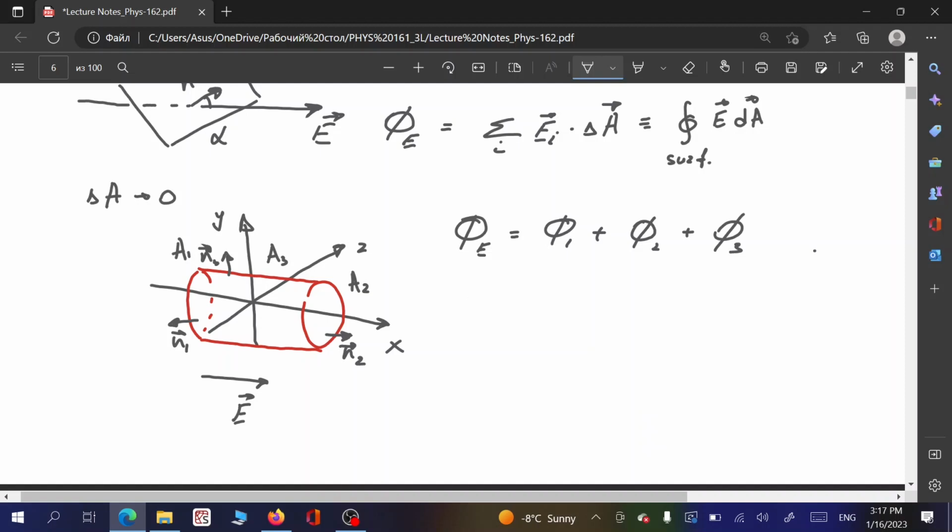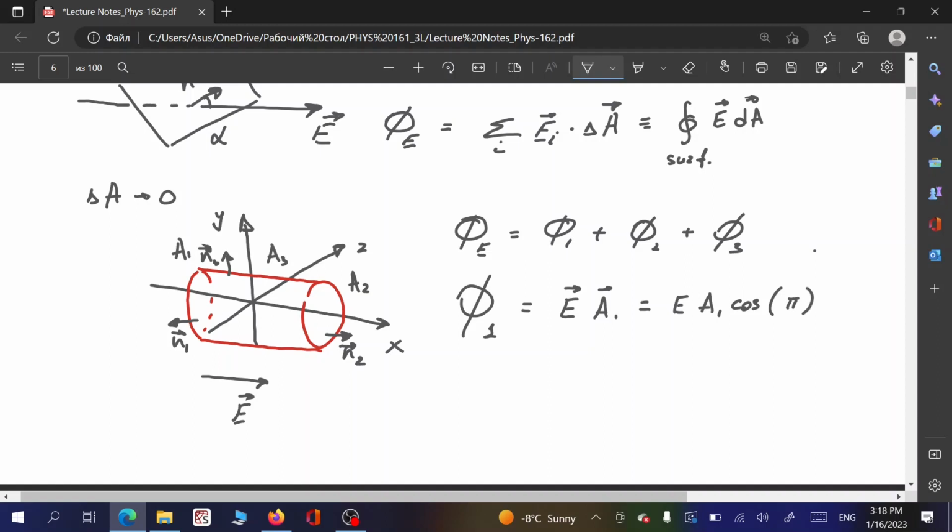electric field flux through first surface. That will be electric field times, we can write in vector form first, and that will be electric field times area of the first element of this closed surface times cosine, not sine, cosine, and here we have pi.